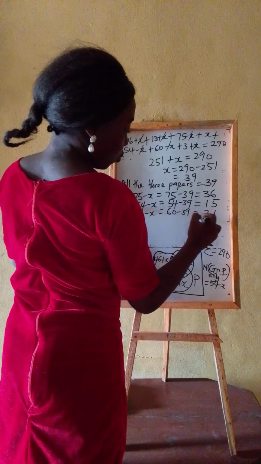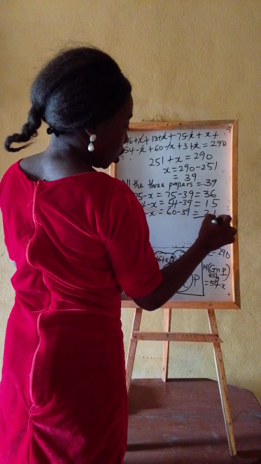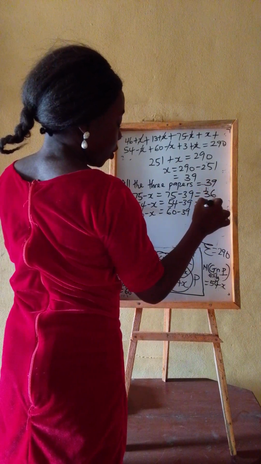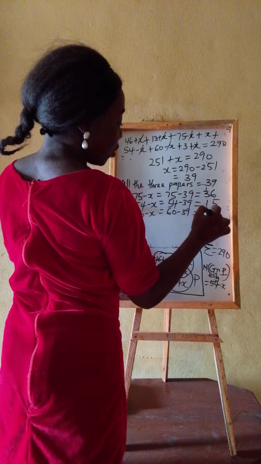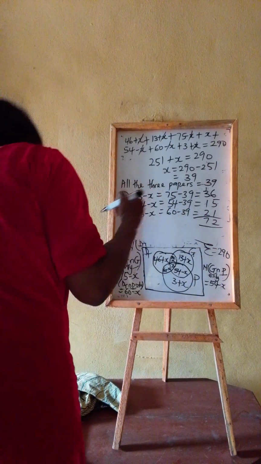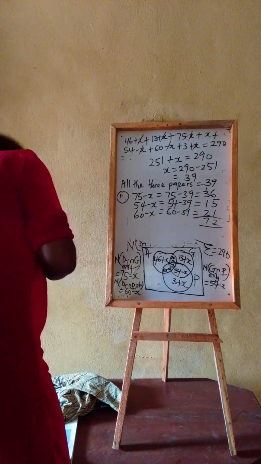So you add up 36 plus 15 plus 21, and we have 72. So the question also asks us to calculate exactly 1.